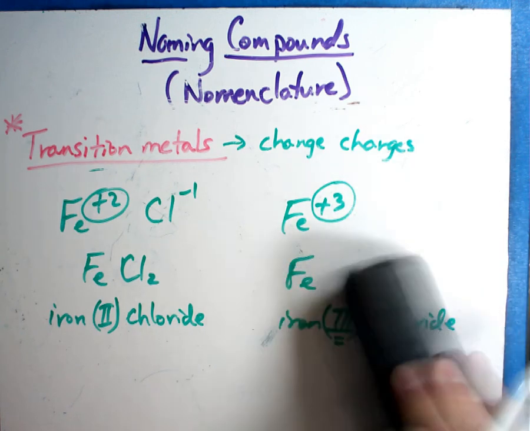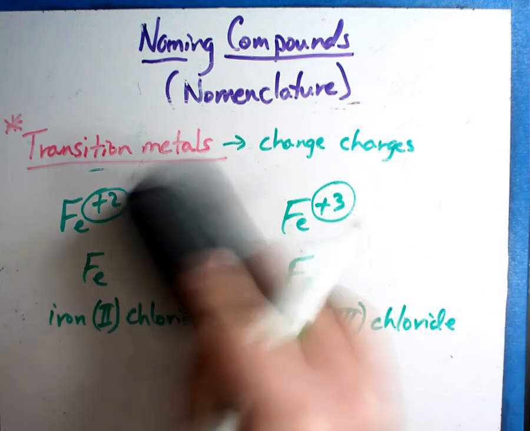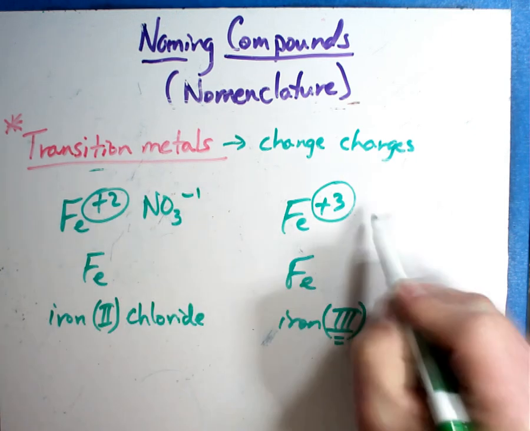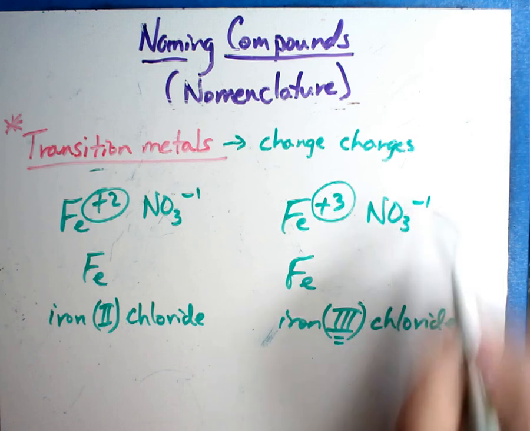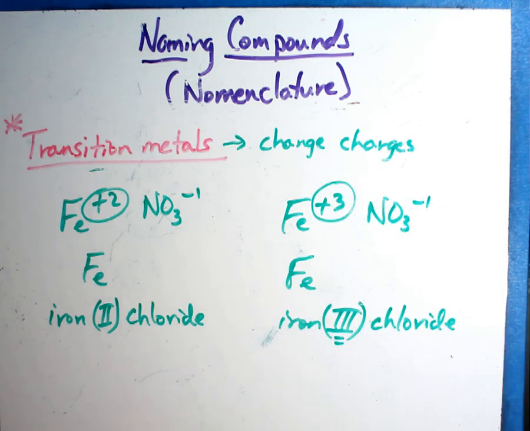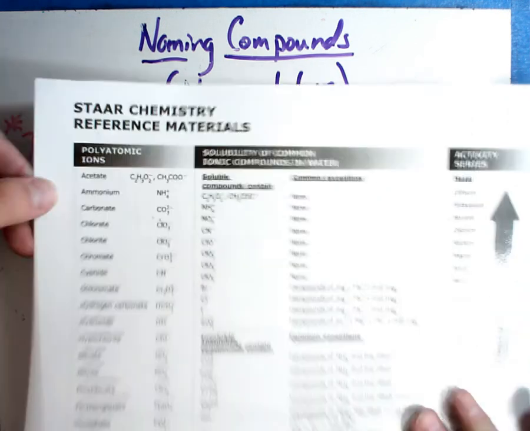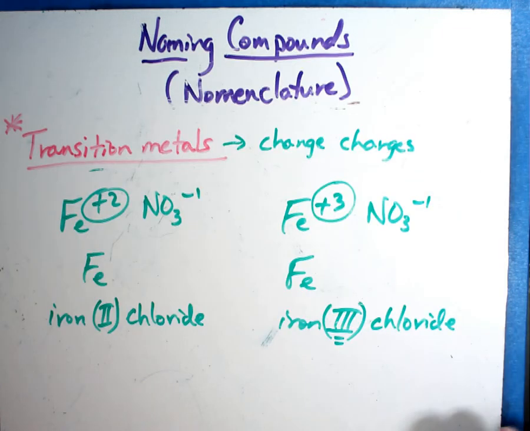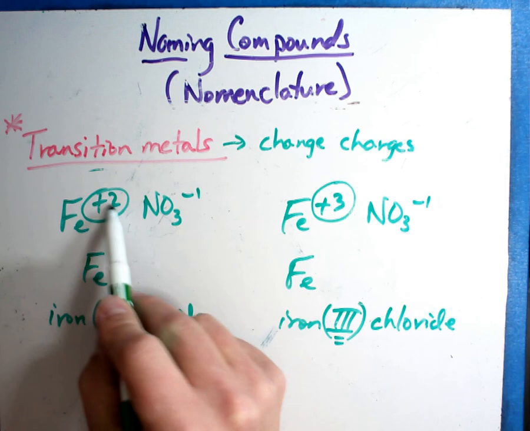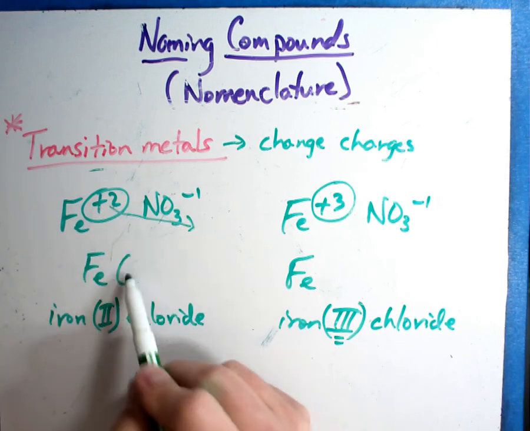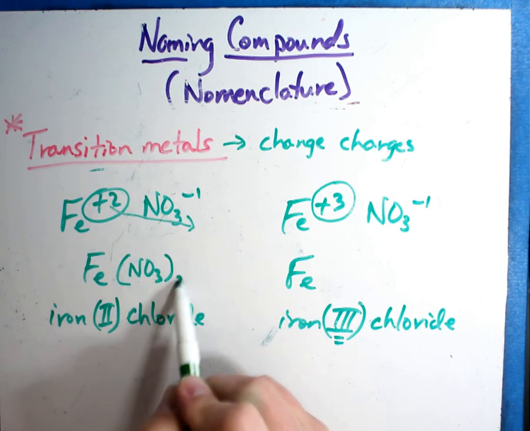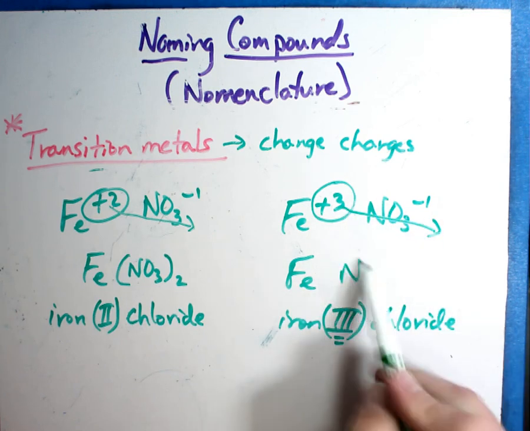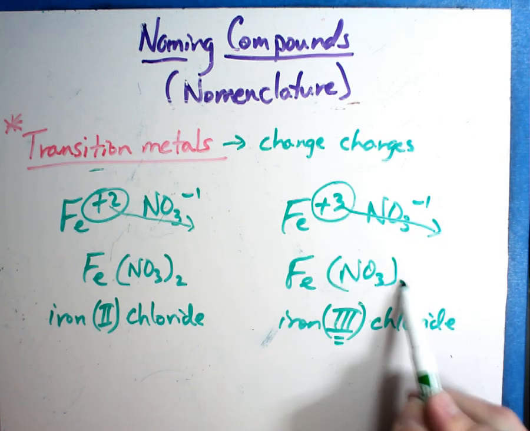What if it's not just a single element? Let's say it's something like nitrate. Works the same way. Nitrate. That's one of those on the back of the periodic table that you have to know. So anytime you say ate or ite, you go to your polyatomics on here and you use those. Okay? So when I switch them, it becomes Fe(NO3)2, and this one is going to switch out here, so I'm going to have Fe(NO3)3.